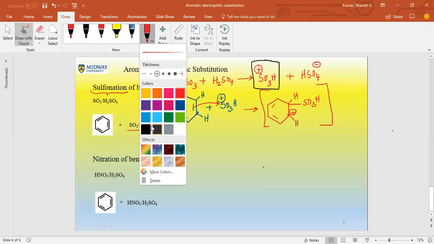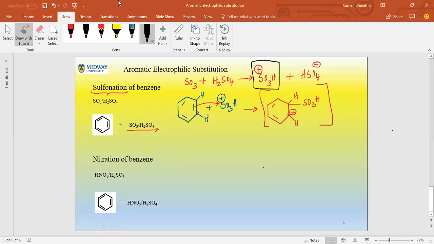So the base now comes and grabs this hydrogen, which means this bond would come over here. So the product would be that.